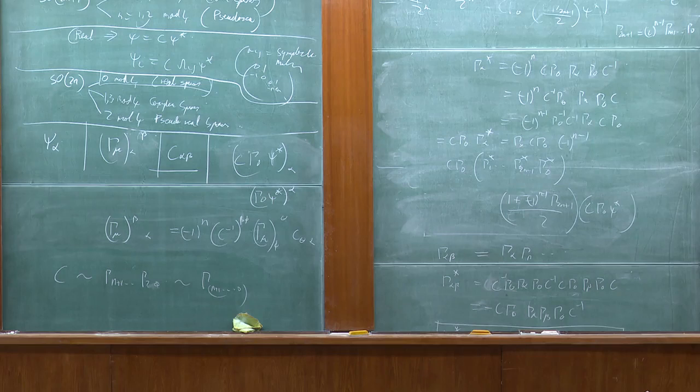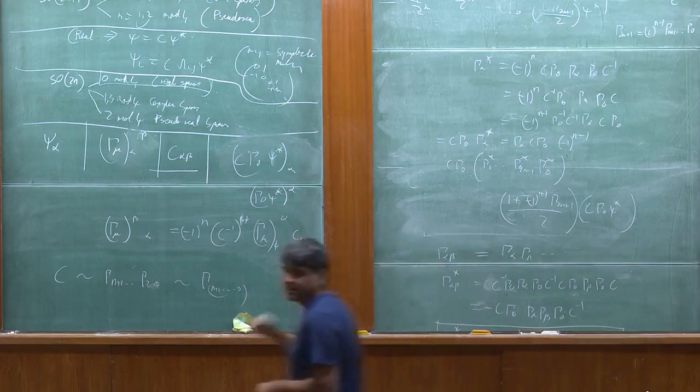Because gamma 0 itself was not dagger, the dagger of gamma 0 was minus gamma 0. So this gamma alpha beta dagger was not something nice. But when passing through gamma 0, it becomes something nice. So psi star doesn't transform in any particularly nice way, but gamma 0 psi star does. All clear?